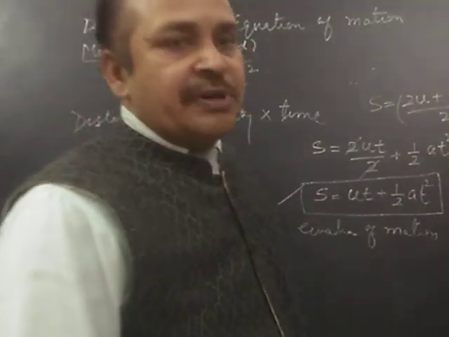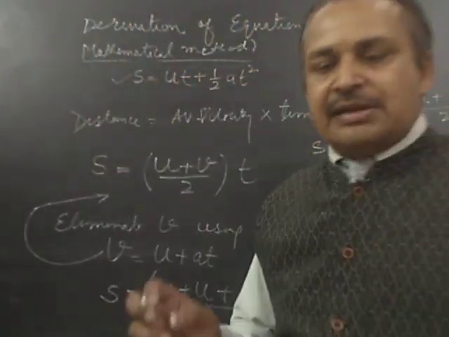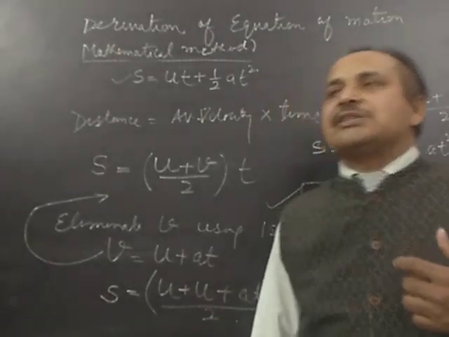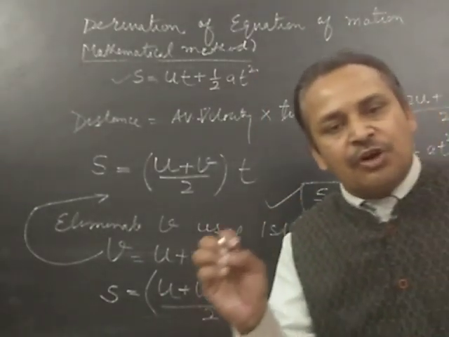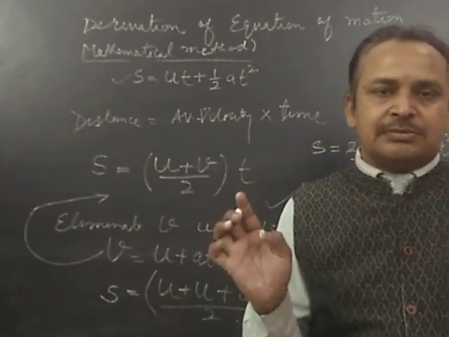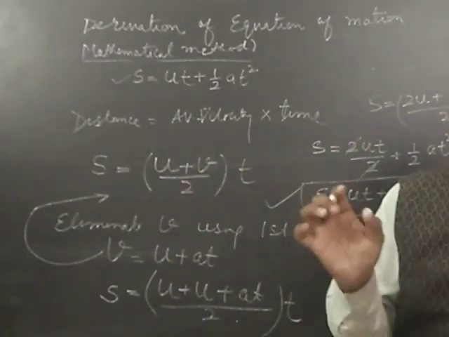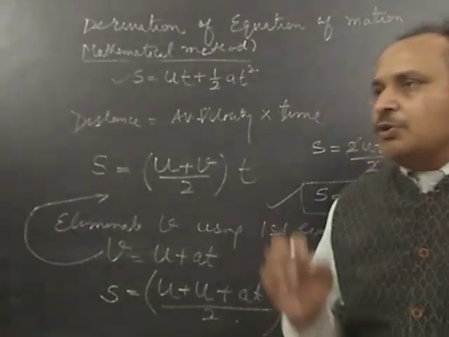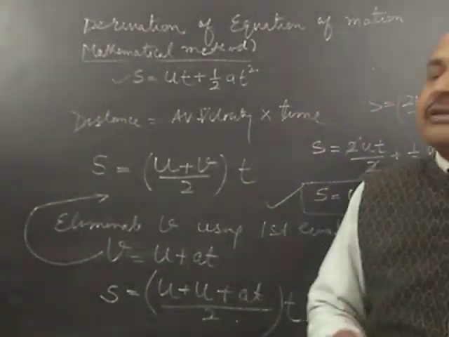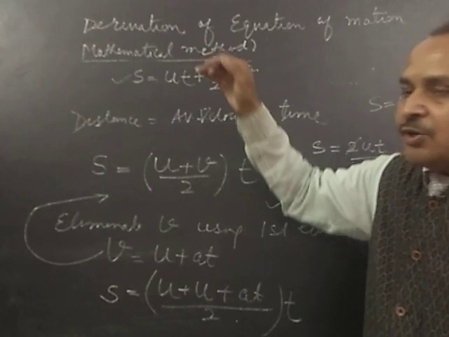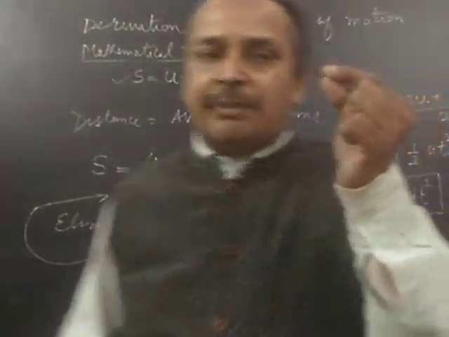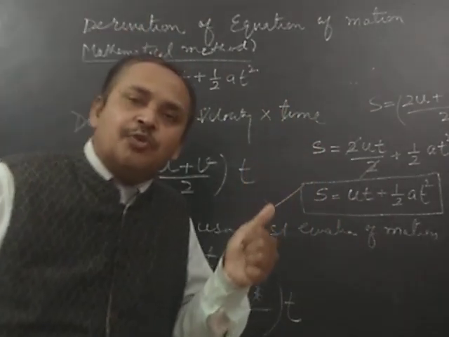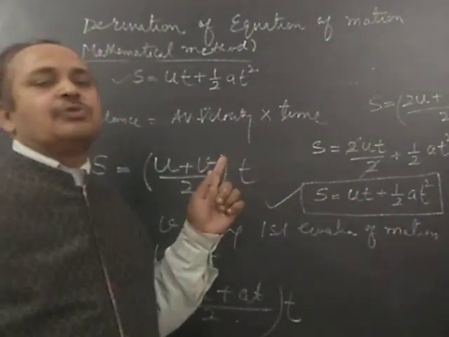So my dear friends, whenever you get an article in the examination, derive a particular equation of motion. First you have to write the introduction, and accordingly the concept that we have to use, with that you have to start.